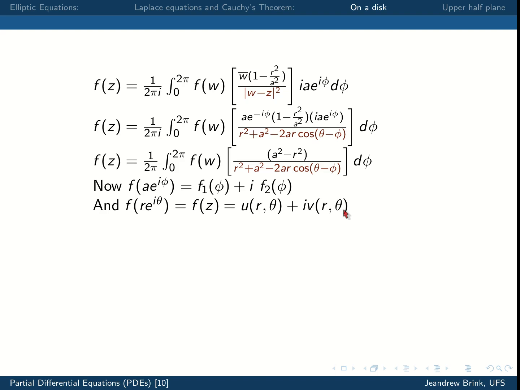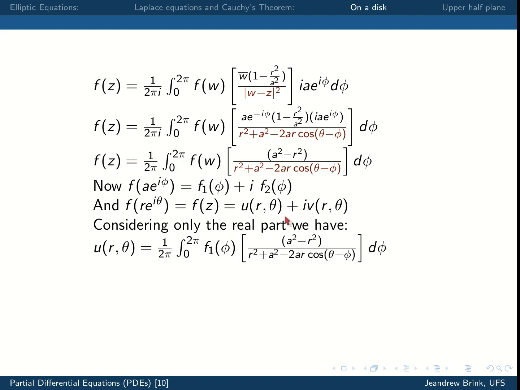And if you do that, and you consider only the real part of this function, you get the following expression. Because the only complex part of this integral is in f, and f of z is potentially a complex function, we can simply take the real part directly, and we have that u of r and theta is equal to 1 over 2 pi times this integral from 0 to 2 pi of f1 of phi times this expression in brackets times d phi.